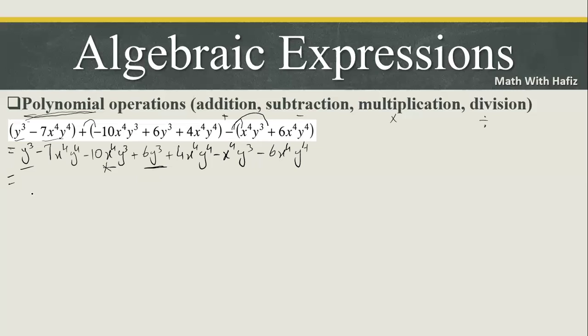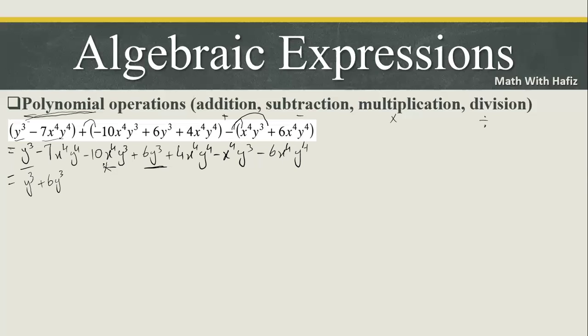There is no other, so we'll have y to power of 3 plus 6y to power of 3. What I'm doing is collecting all like terms together. But at this level, you can directly do it. Instead of writing y to power 3 plus 6y to power 3, you can directly write 7y to power 3 by adding their coefficients.